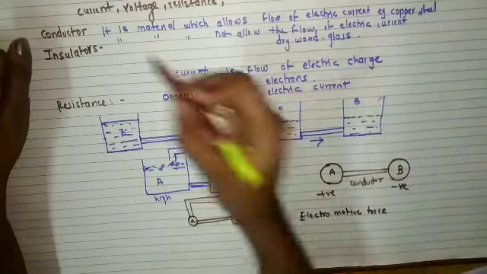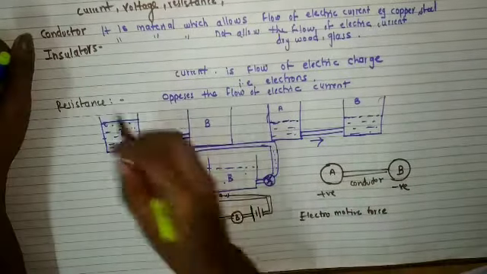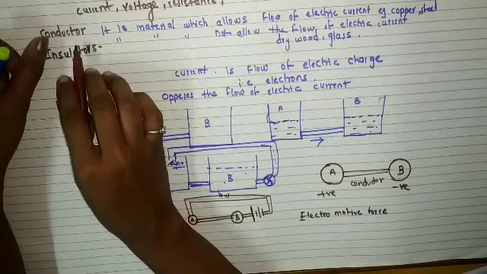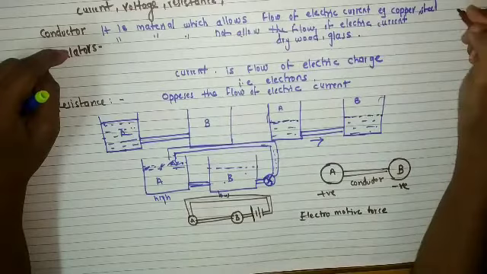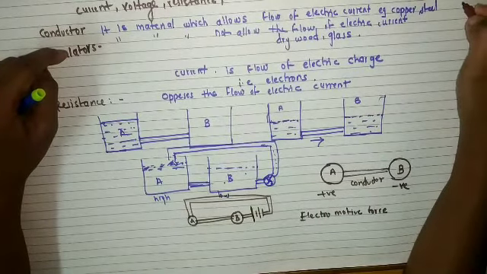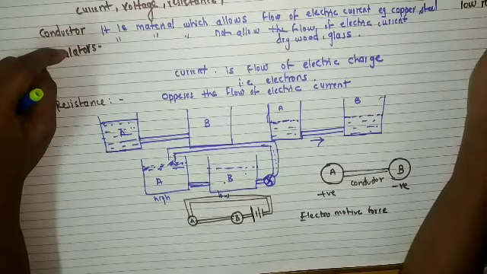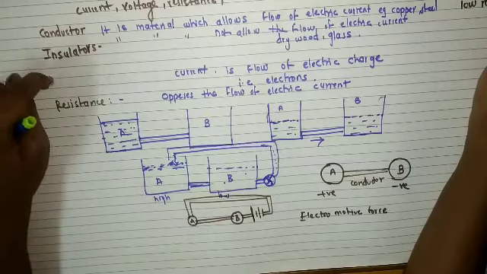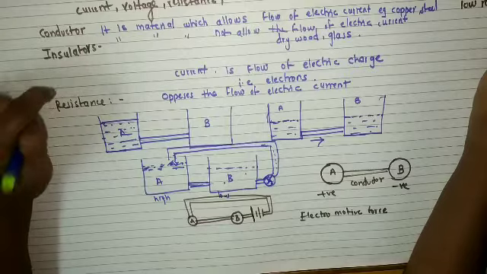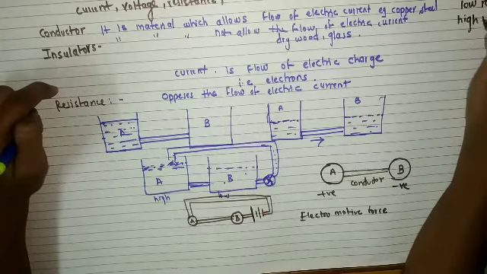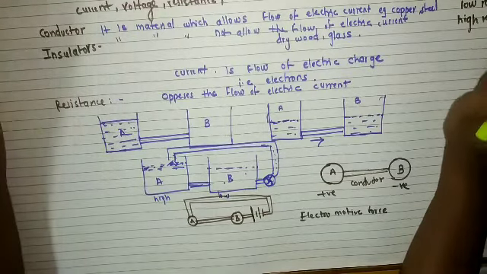Now let us consider conductor and insulator. A conductor is that material which allows the flow of electric current. That means it has resistance, but it has low resistance. Insulators do not allow the flow of electric current, which means they have high resistance. It is really simple.